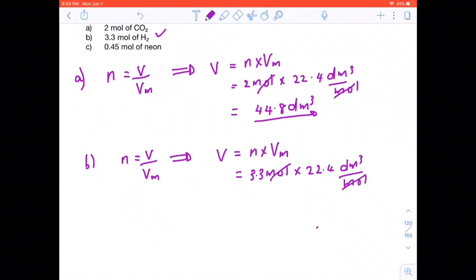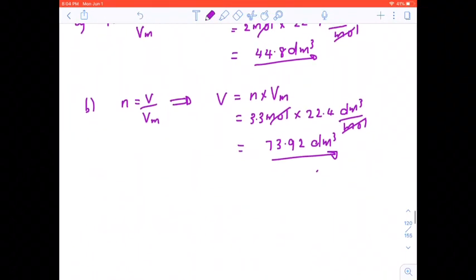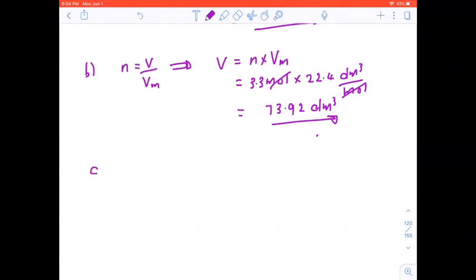That cancels out, we are left with dm³, and that is 73.92 dm³. So that would be the volume of 3.3 moles of H2.